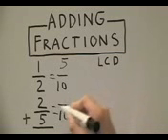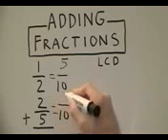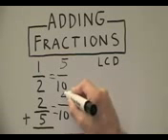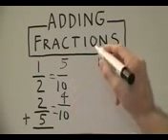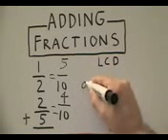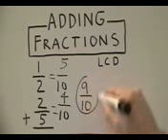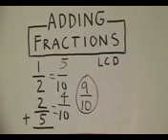On the bottom, we take 10 divided by 5 to get 2. Take that 2, multiply it by 2 to get 4, and that will be our numerator for the bottom fraction. Now all we do is add our numerators together to get 9/10, which is our final answer since it cannot be reduced any further.